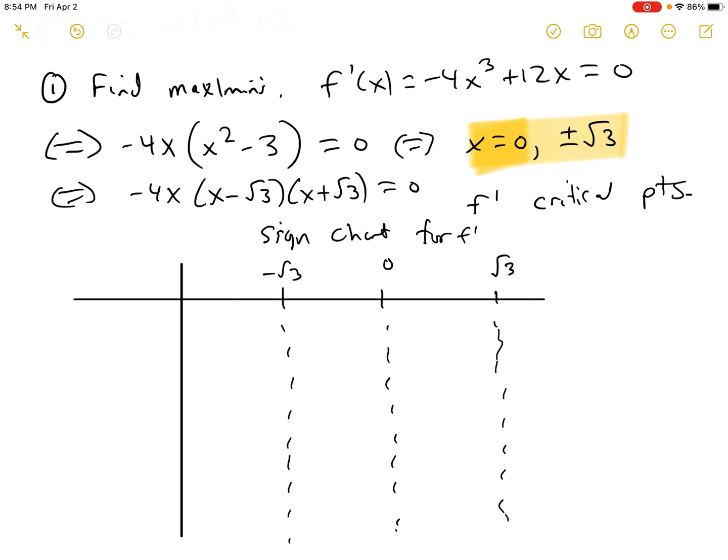Okay, and then we have minus 4x, x minus root 3, x plus root 3, and then the end result is the product of all of those.